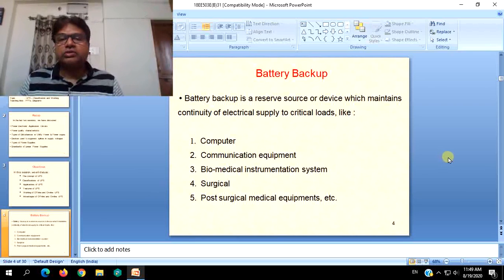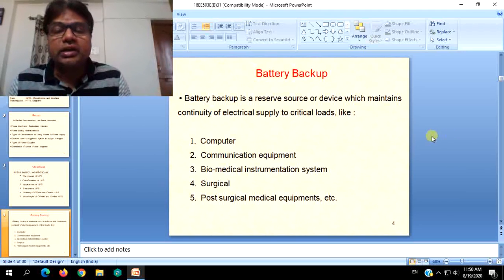So for those loads also we may have battery backup. So the decision of critical loads lies on our individual choice also, added to these equipment. These are compulsory critical loads and you can add whatever load you want to have continuity of power supply also. So this is the background of battery backup.